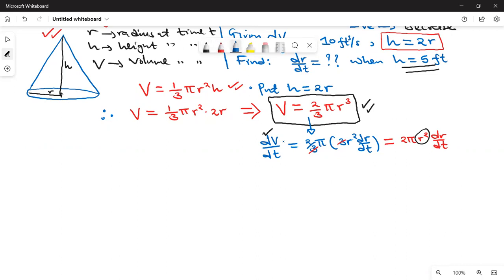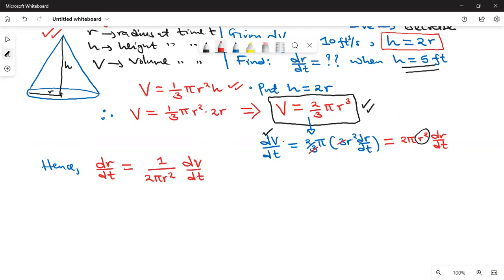Hence, dr dt is the same as 1 over 2 pi r squared times dV dt. That's how we are going to find our dr dt.